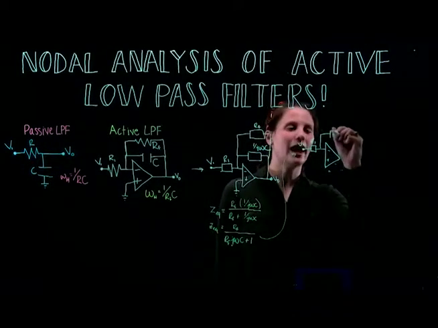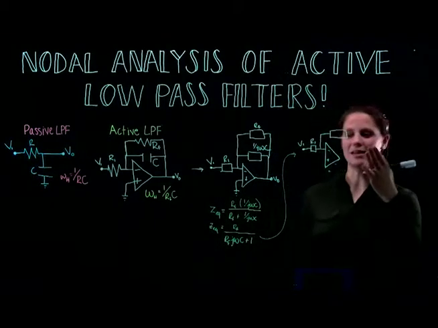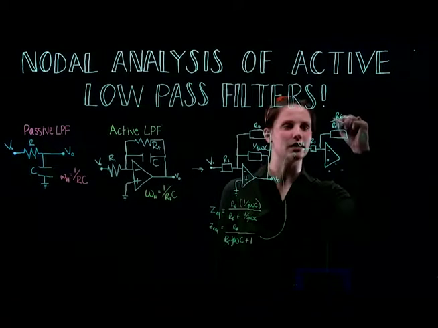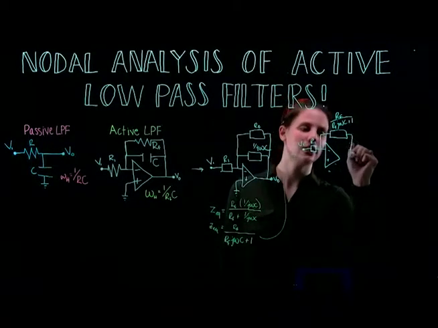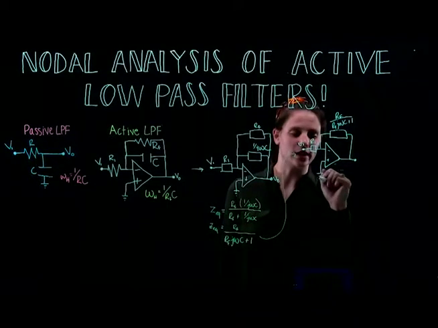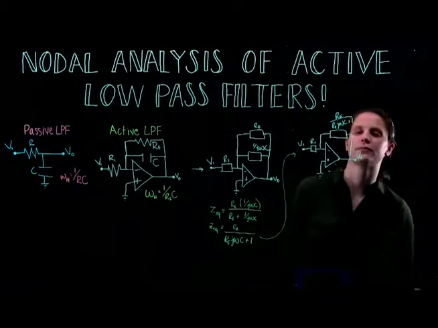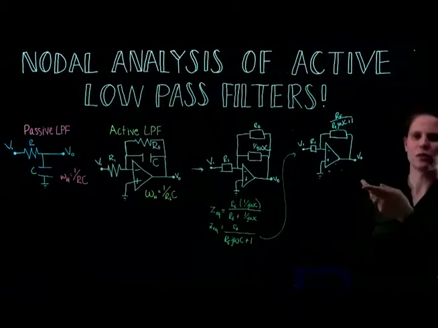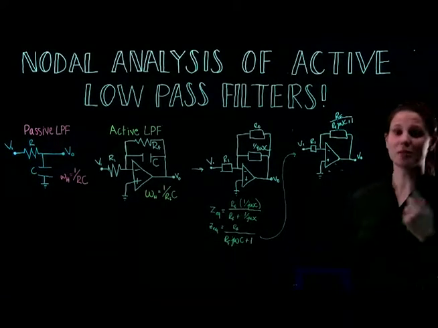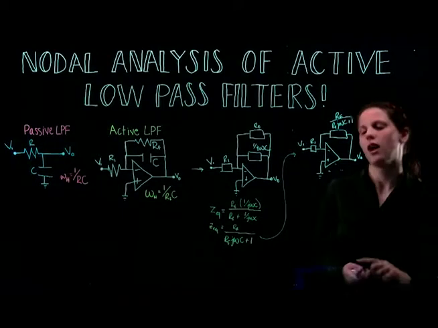And up here, we're just going to have our equivalent impedance, which is going to be our RF over RFJWC plus 1. And then we will finish by drawing our V out over here. So now that we have this, we know what this is. This is just an inverting op-amp. We aren't going to plug it into the formula, but you very well could right at this point.